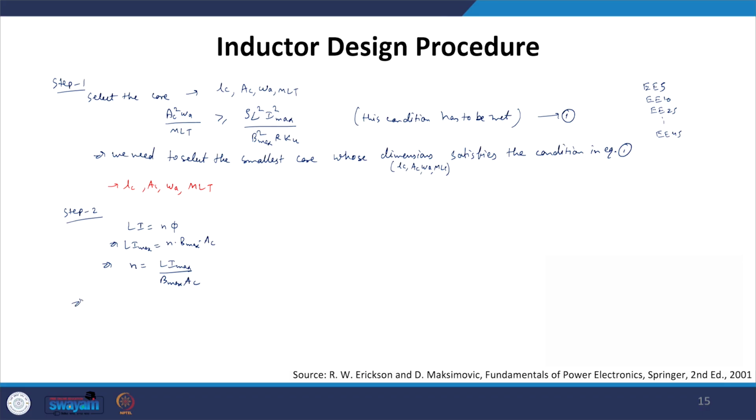So using this expression we can say that the number of turns to be used is N equal to Li max by Bmax Ac. Also we need to ensure the units of these particular quantities. If they are in SI units, then all the things should be in SI units.